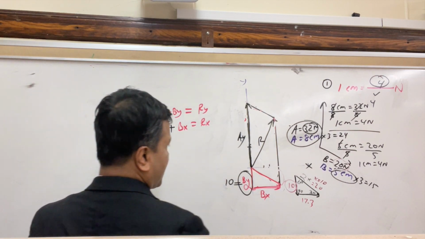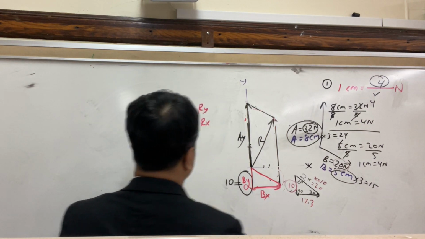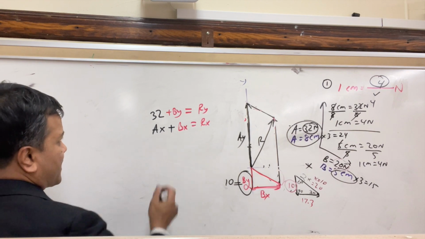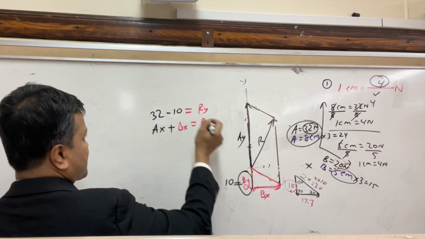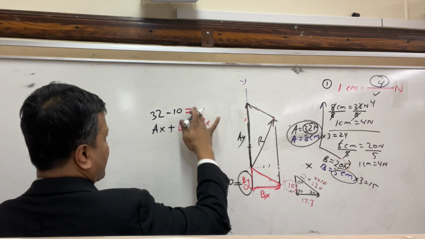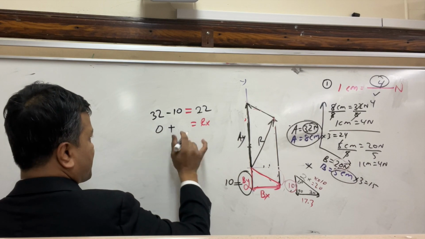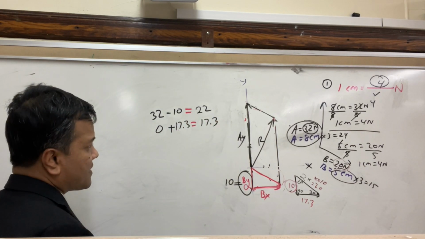It's negative 10 because we already explained it: By is negative 10 because the arrow is down. So this is 22. This is 0. This is 17.3.